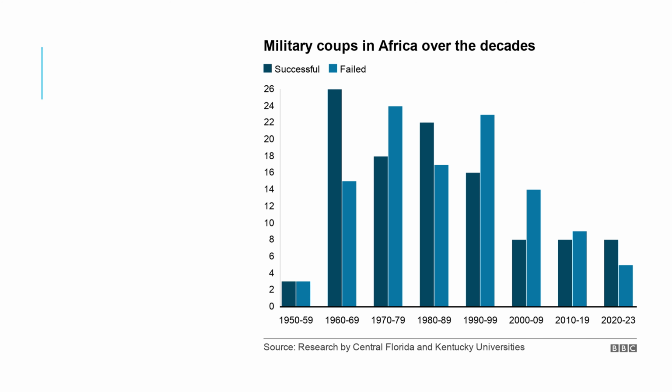However, in the 1970s and 1990s, many coups did not succeed. The same also goes in the early 2000s up to 2010. But now, between 2020 and 2023, the rate of successful coups is going up. Please take time and look at this data and you can see the trend in the continent.